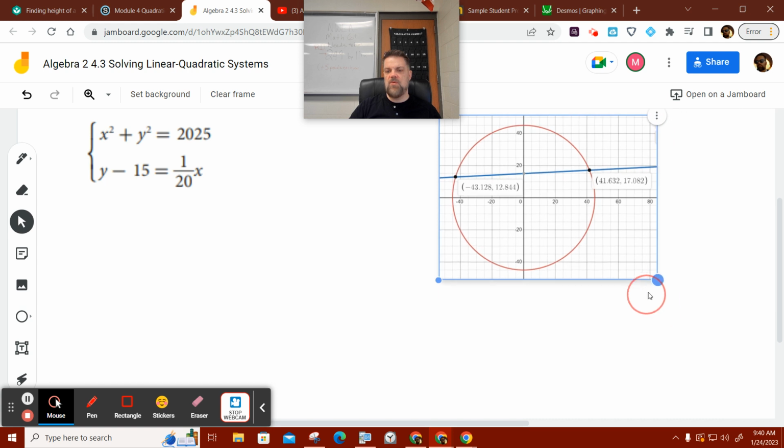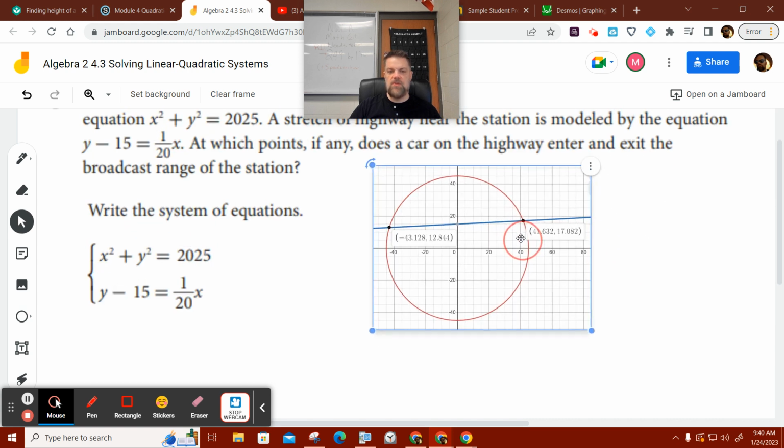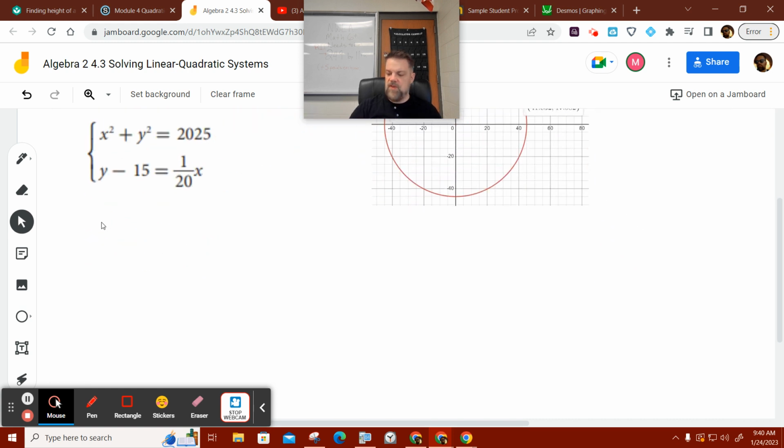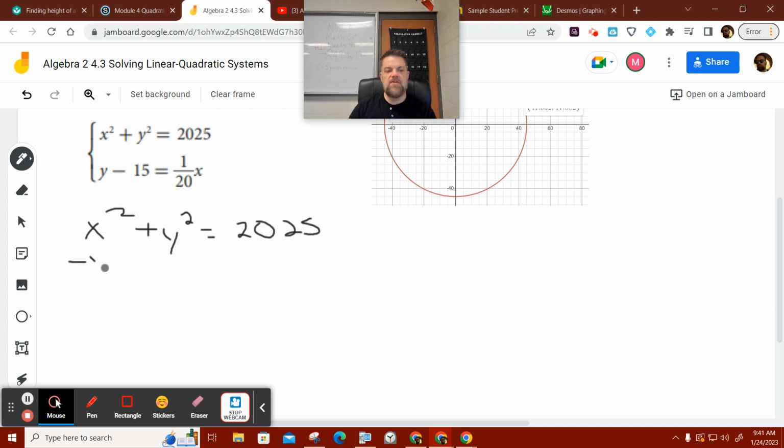To graph the circle, we have to actually do two things. To graph it in a graphing calculator, you have to do y equals some stuff. So let's do the circle because that's going to be the challenge. If I say x squared plus y squared equals 2025, the first thing I need to do is subtract x squared from both sides.